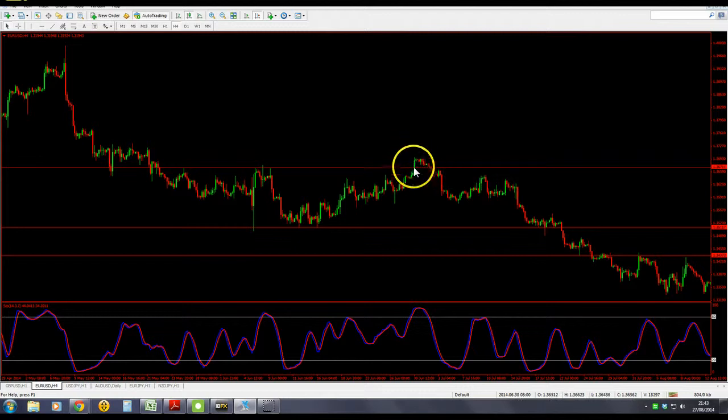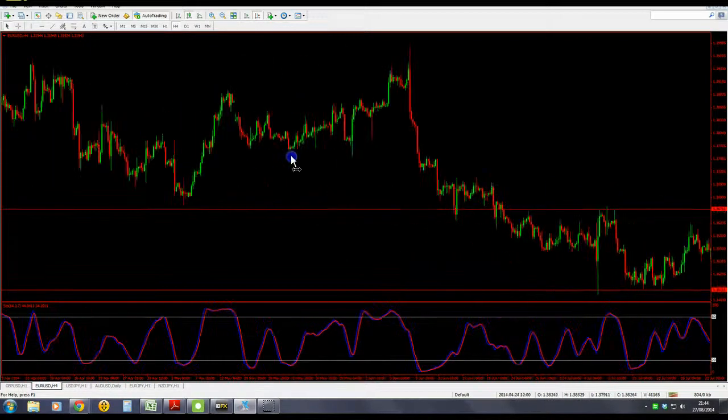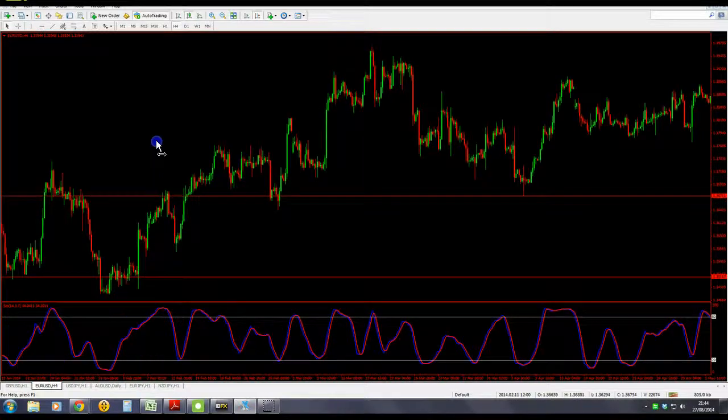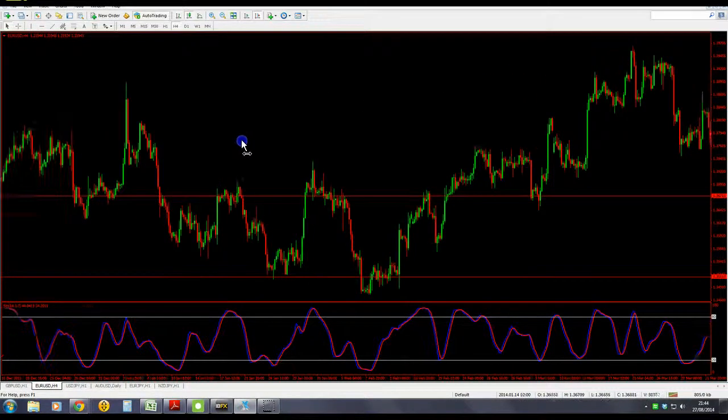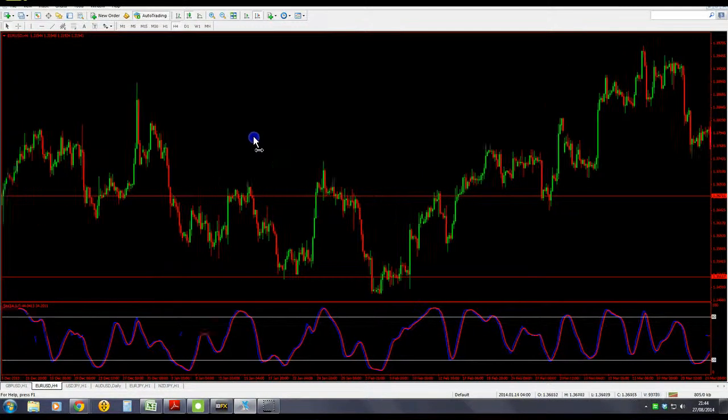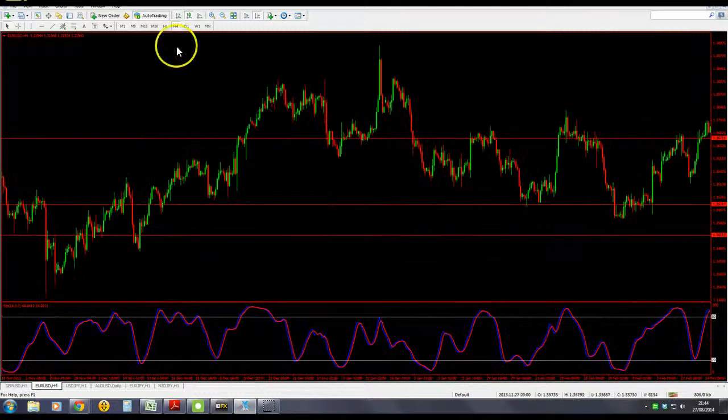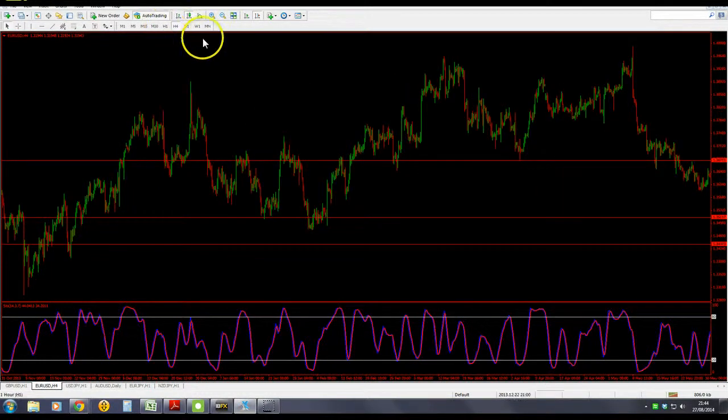So there's a lot of reaction on these areas. It's always good to have a slightly wider stop loss, but in the same respect it's good to have a tight stop loss at the same time. There's no right balance in what's the right thing.